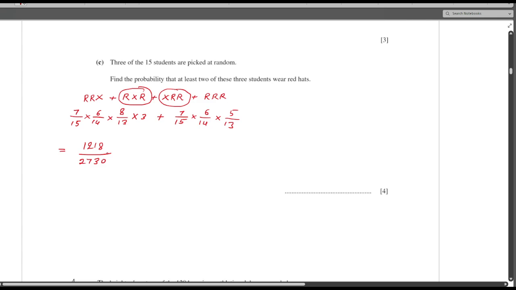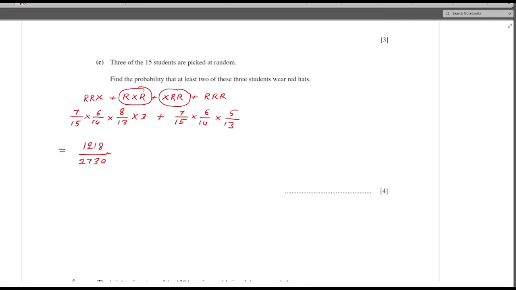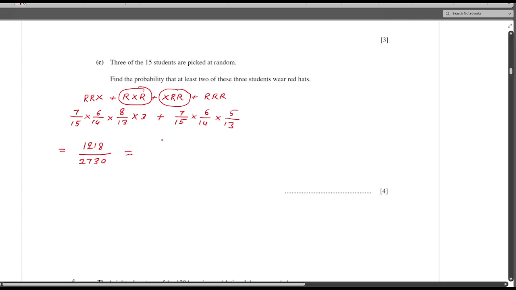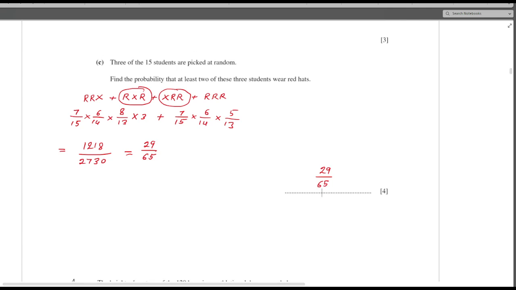Let us see whether it can be simplified further. 1218 divided by 2730. So yes, it can be simplified. The result is 29 divided by 65. So 29 divided by 65 is your result for part C.